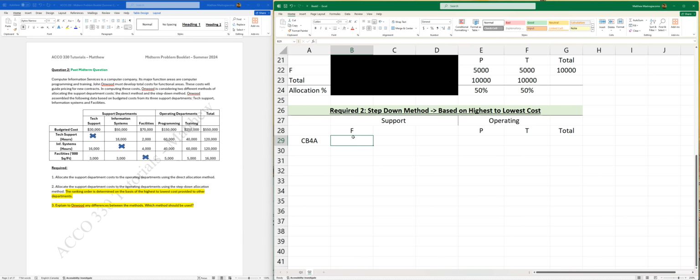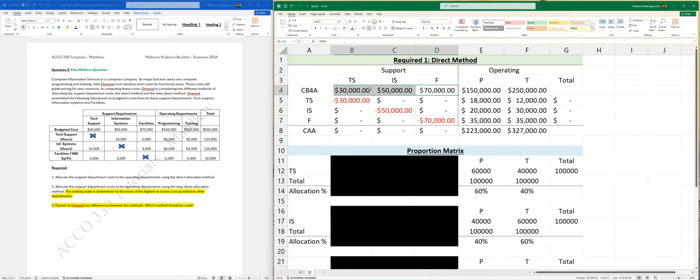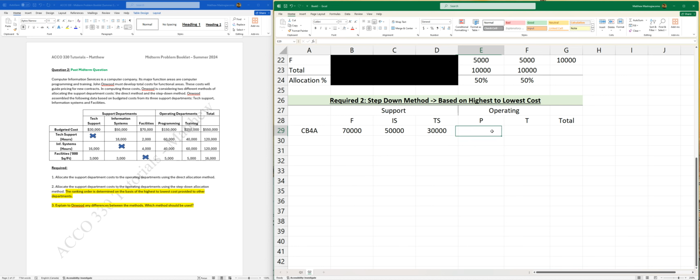So facilities goes first and their cost is 70,000. Then afterwards, guys, information systems is second place because they have 50,000 in cost. And then the lowest cost is tech support with 30,000. So basically, guys, what we did here is like the inverse of the direct method. But now we're going to be allocating between support departments. And let's go put this here, drag. There you go, 150, 250.